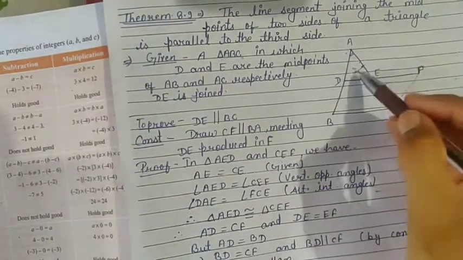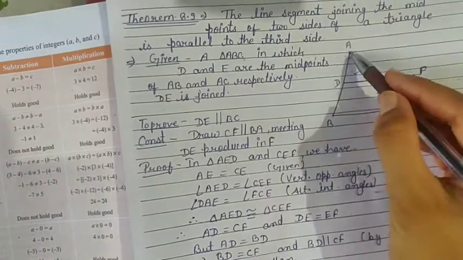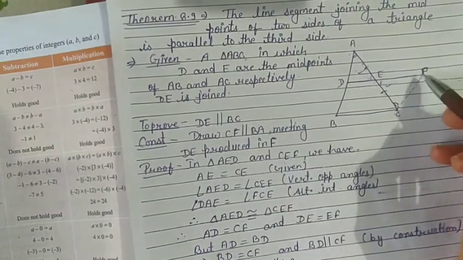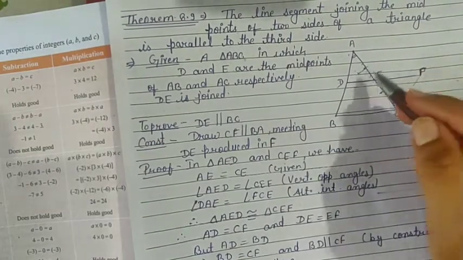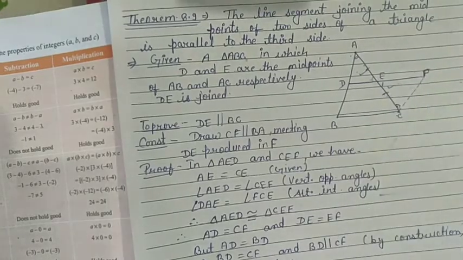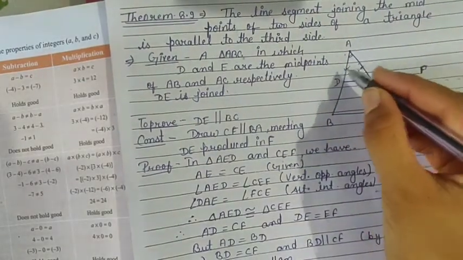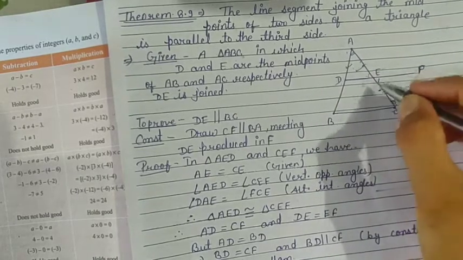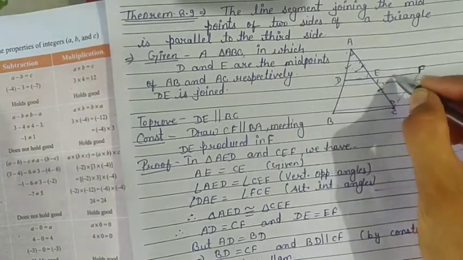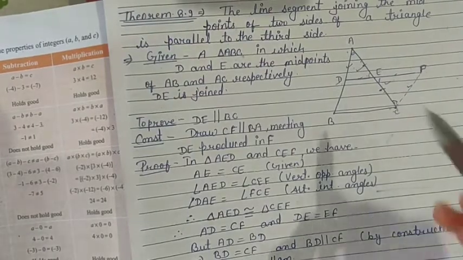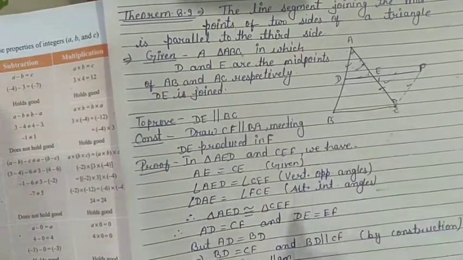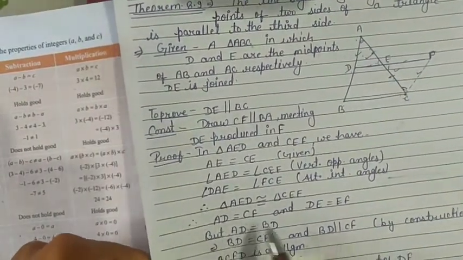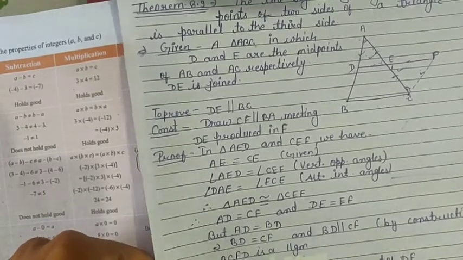Now if these two triangles are congruent, it means AD equals to CF and DE equals to EF. We can say that AD equals to CF and DE equals to EF. But we know that AD equals to BD. AD equals to BD and we proved that AD equals to CF.